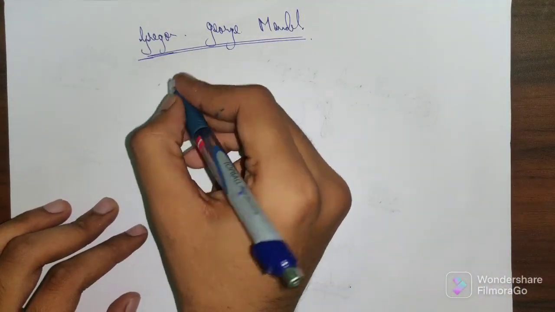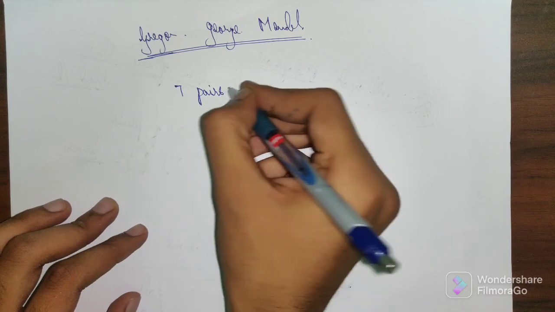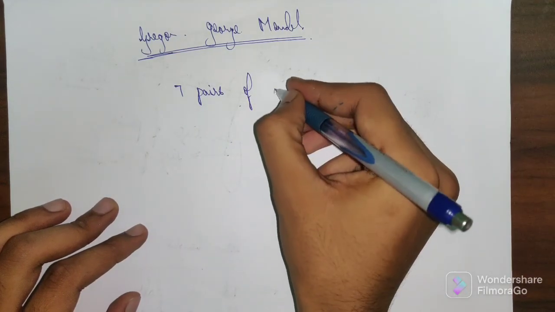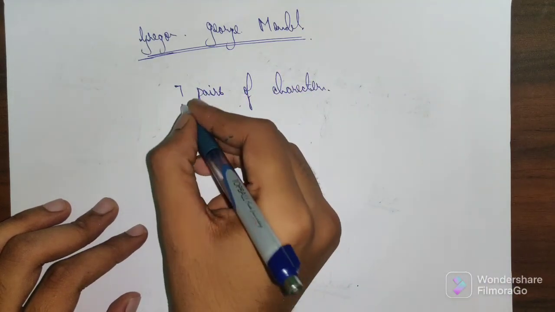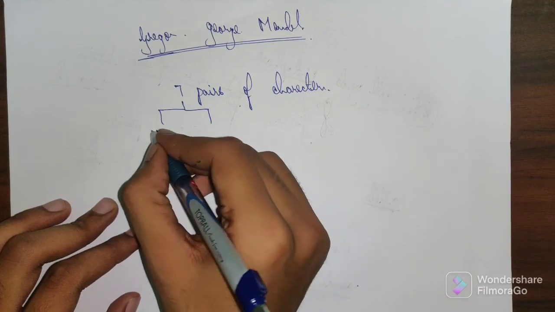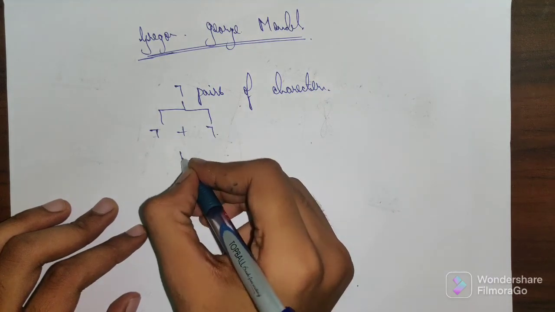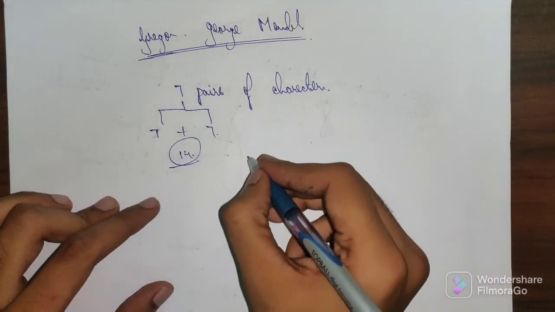There he considered 7 different pairs of characters. A pair has 2, so 7 plus 7, 14 different characters.